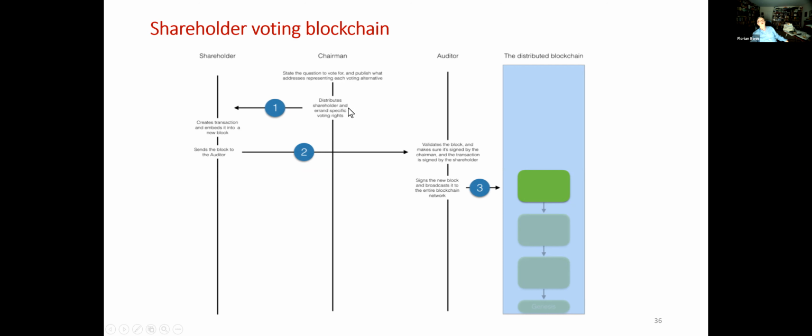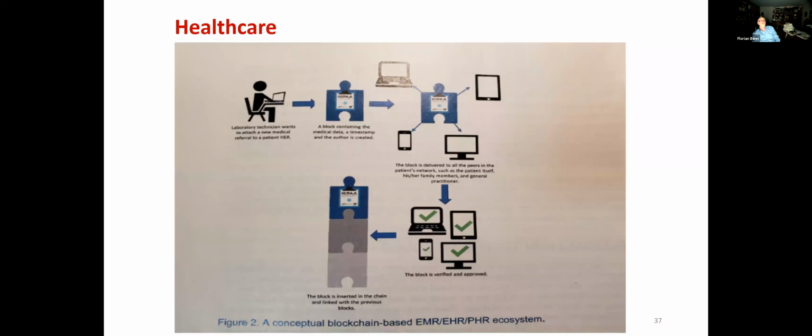You can see the chairman authorizes distribution of information to the shareholders, and then the shareholders create a transaction, and then the block with that transaction, which would contain the name of the shareholder, number of shares, and the options the shareholder selected as the payload, goes to the auditor, and the auditor validates the block, and then the block goes into the blockchain. The benefit of this type of arrangement is that all participants, all shareholders, can see who voted how, and get a record of all the voting.